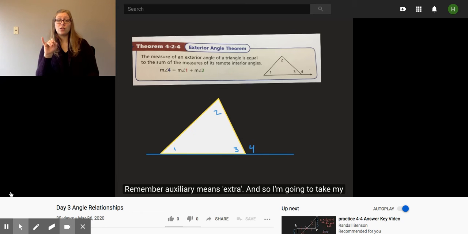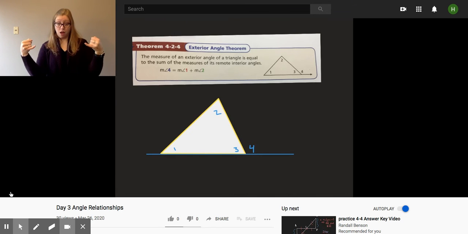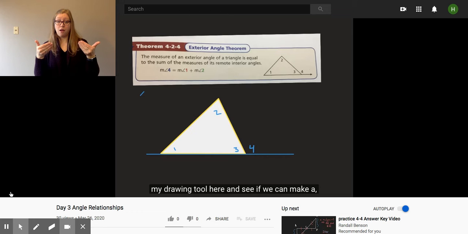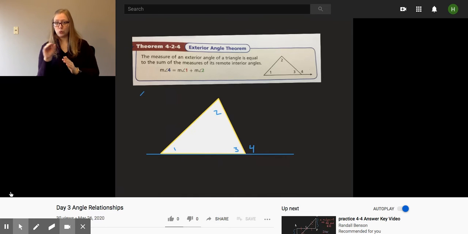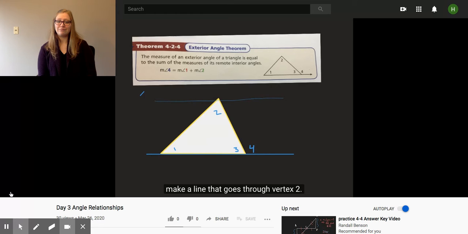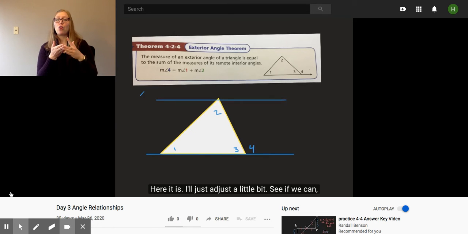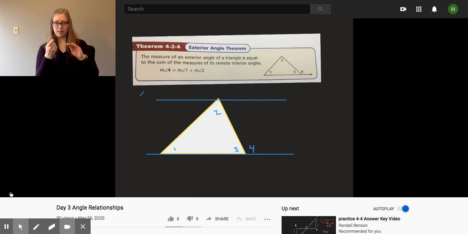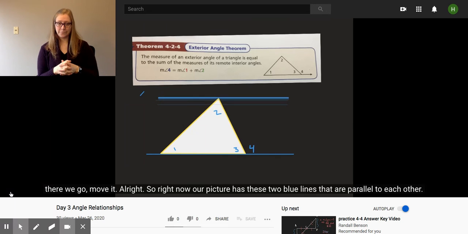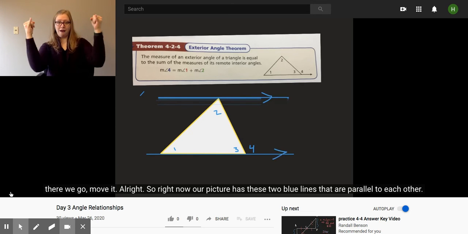So I'm going to take my drawing tool here and make a line that goes through vertex 2. Let me adjust it a little bit. There we go. Right now our picture has these two blue lines that are parallel to each other.